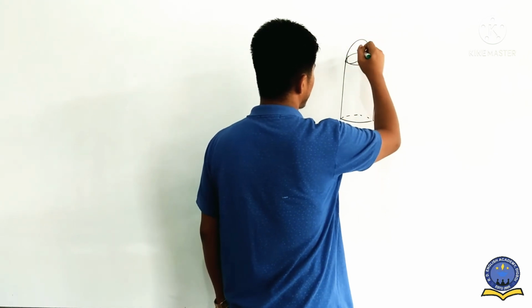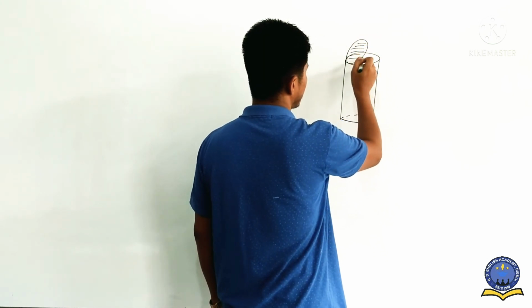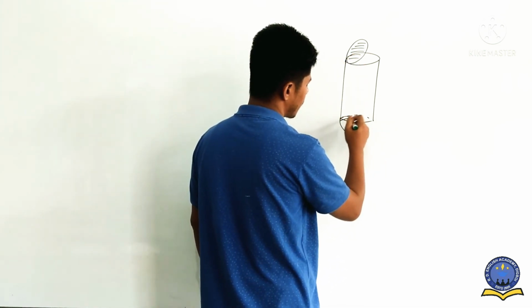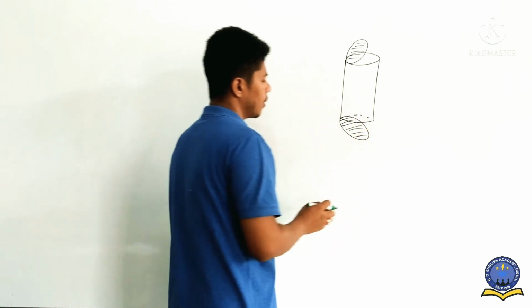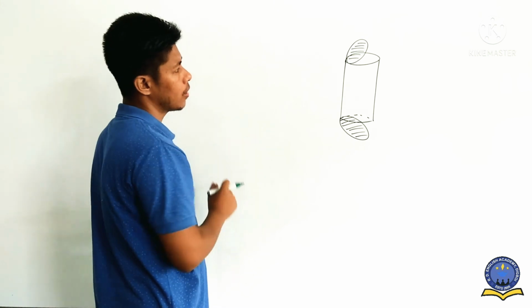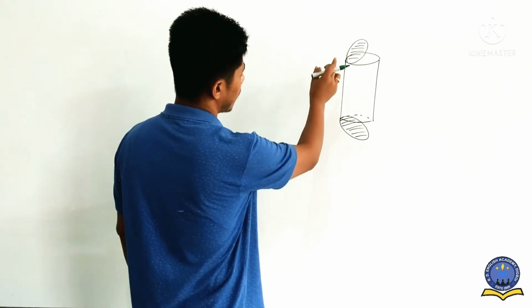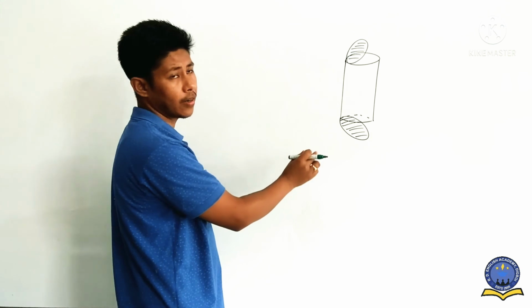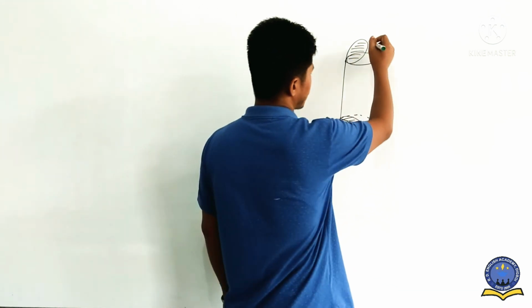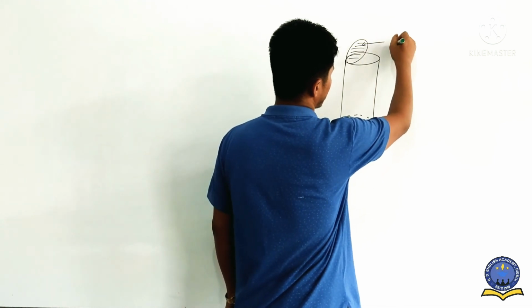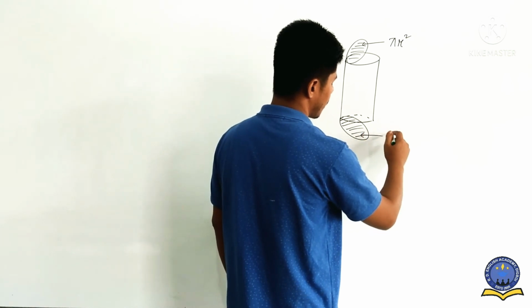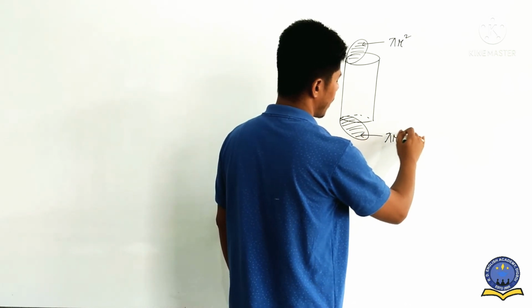That means at the top there is a circle to close this cylinder, as well as at the bottom there is also a circle, because it is a total surface area. At first, what is the area of this circle? We write it as pi r square, and the other one has the same radius, so that is also pi r square.